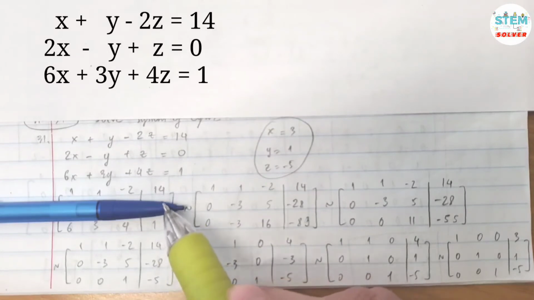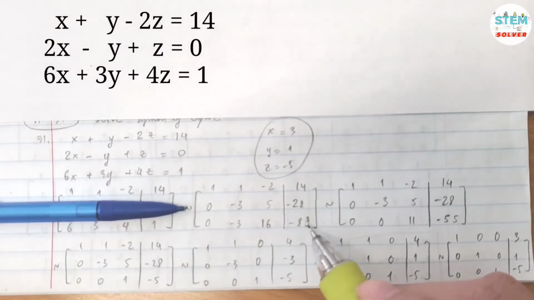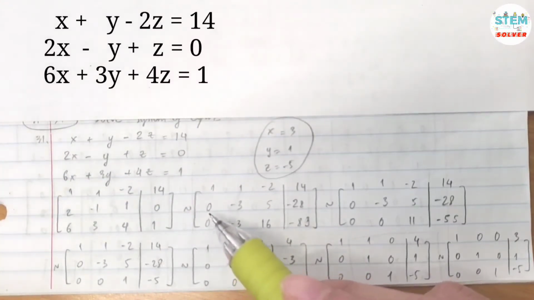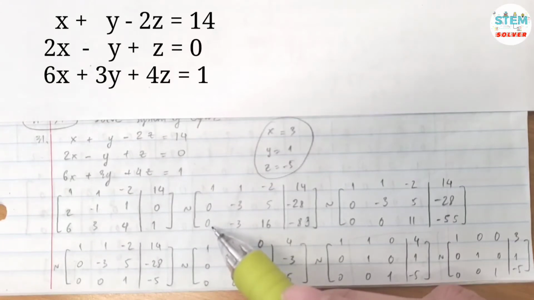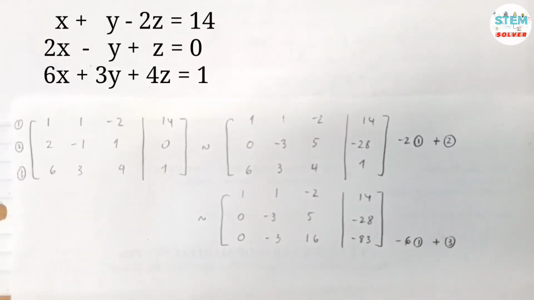Negative 6 times 14, negative 84, plus 1, negative 83. So very quickly I can get 0 for the first column of the second and third rows.